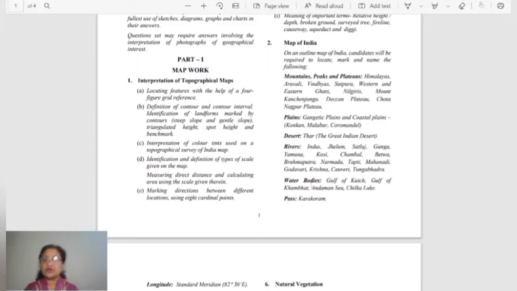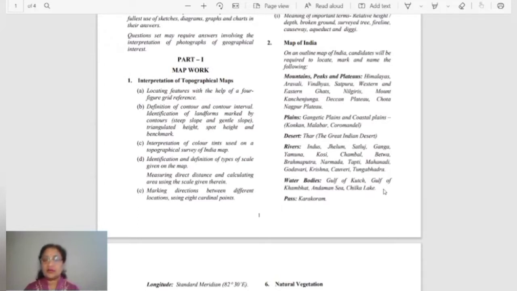Then comes the water bodies. Regarding water bodies, Gulf of Kutch is there and Gulf of Khambat is there. Then Andaman Sea is there and Chilka Lake. Now what has been taken out? Number one is Gulf of Mannar, Palk Strait and another one, that is the Wular Lake.